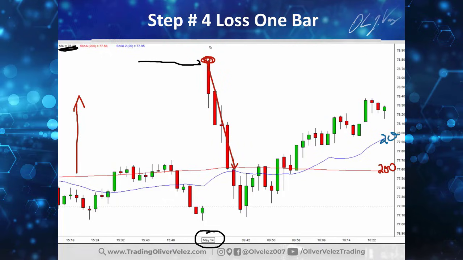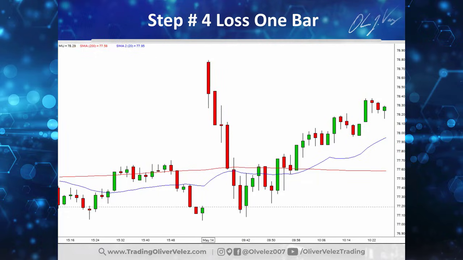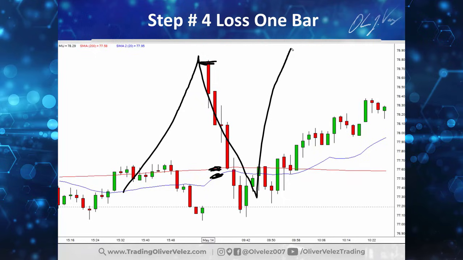If the stock opens too far above and gives them a red bar, they bet the opposite way. All right? You can be too far away from your moving averages. Stocks can get far away. They can't stay far away.